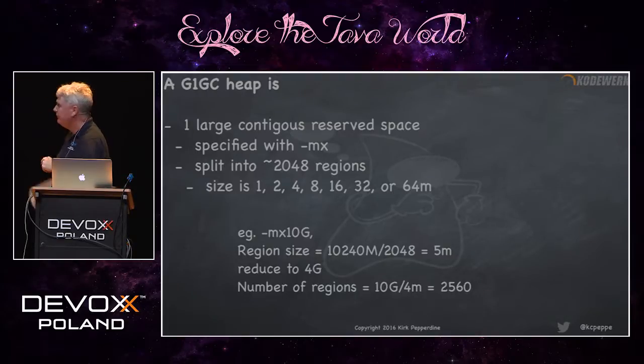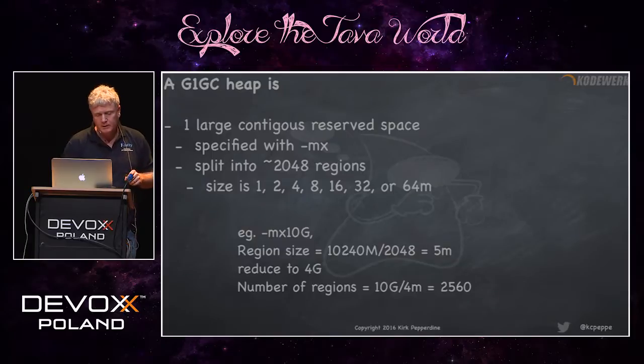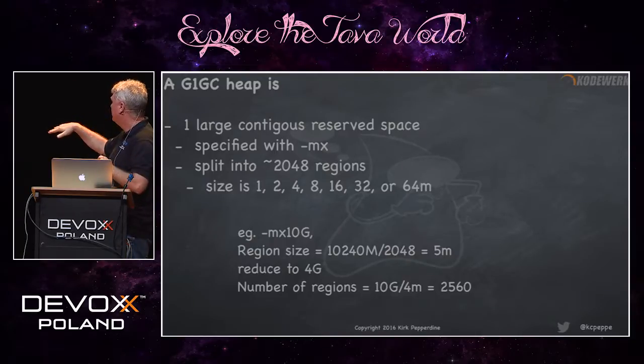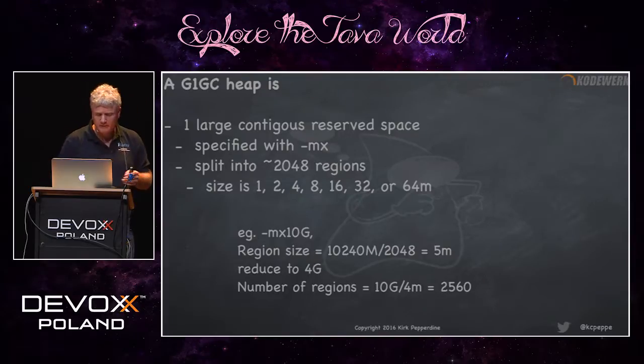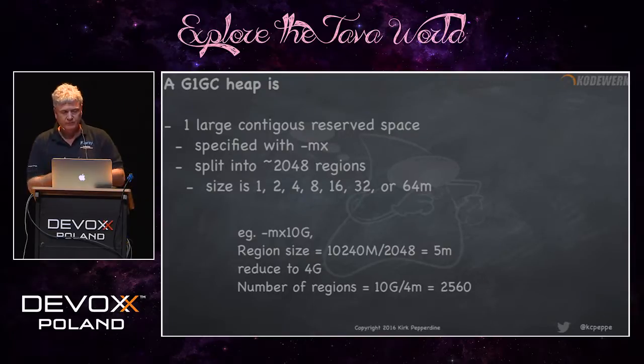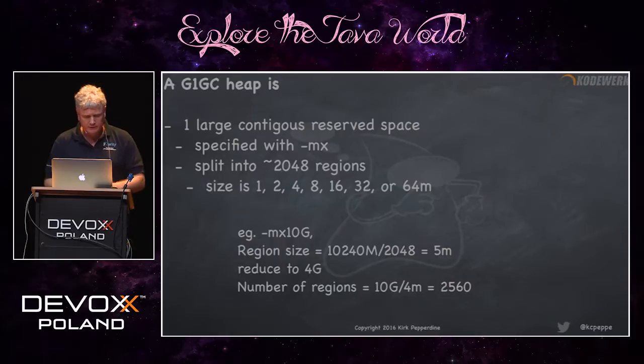You can look at the calculation there and read it. But you can see with a 10 meg heap, the calculation says 5 megs, rounded down to 4 megs. That means we end up with 2,560 regions, all 4 megs in size.